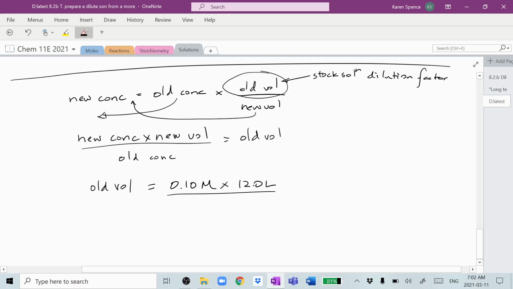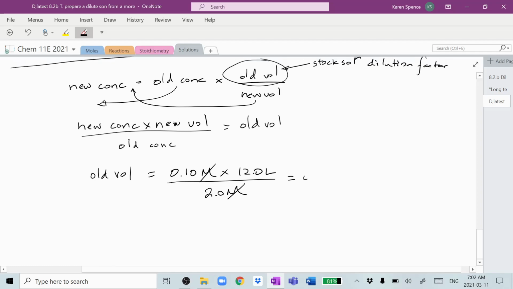And then I'm going to divide that by the old concentration, which was 2 molar. Well, if we look at our units here, molarity cancels out, and I am left with volume, and I will end up with 0.60 liters.